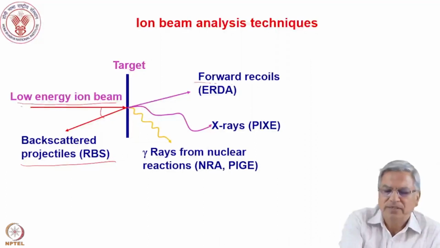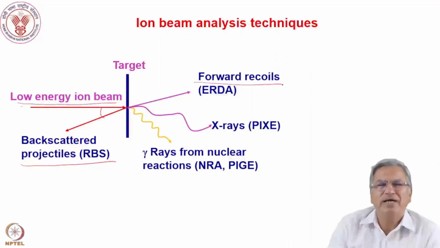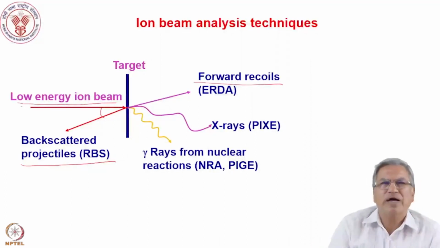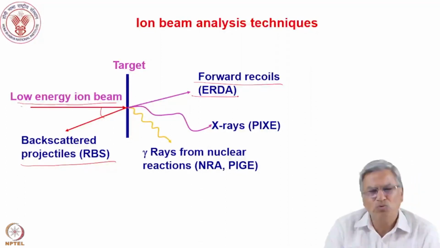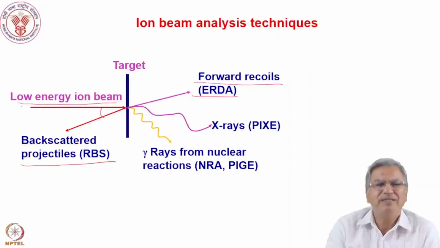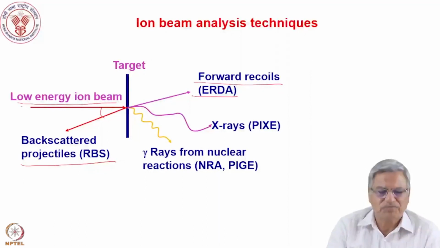The recoils which are emitted in the forward angle, the forward recoils, are detected to tell about the constituents of the target. This is called elastic recoil detection analysis. It is purely elastic scattering between the target nuclei and the initial projectile beam, and this also can be used to characterize different types of materials.